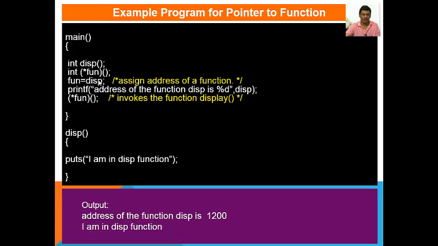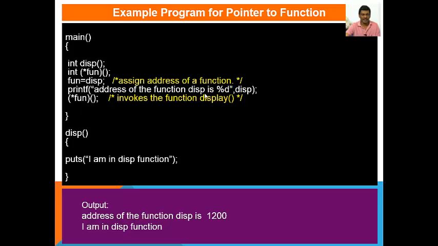If you want to get the address of a function, we just put the function name without parentheses. Display is a function; we just put this, so it will give the address. That address is assigned to fun. Fun is a function pointer variable, so it can hold the address of an integer function. So disp returns the address of that function, and that address is assigned to fun.